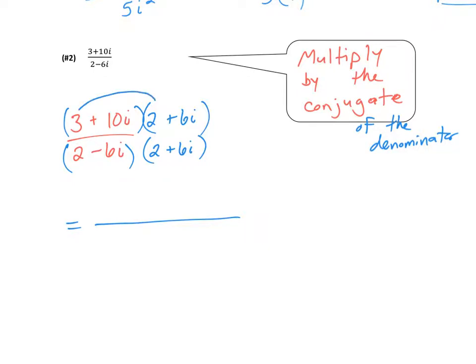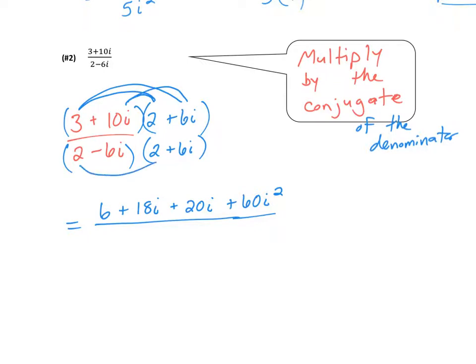So on the top, the first is 2 times 3 is 6. The outside is 3 times 6i is 18i. The inside is 10i times 2, which is 20i. And the last, which is 10i times 6i, is 60i squared.